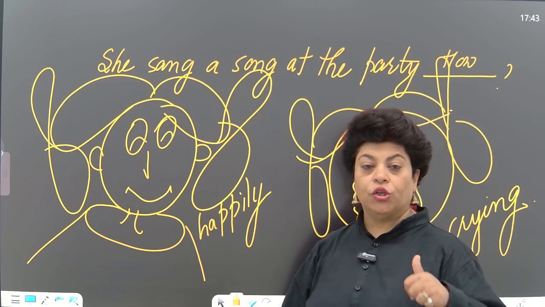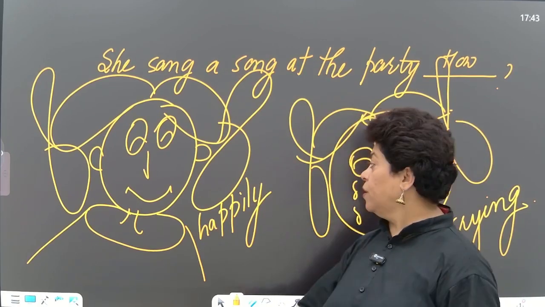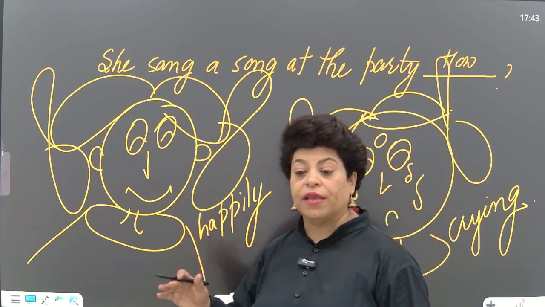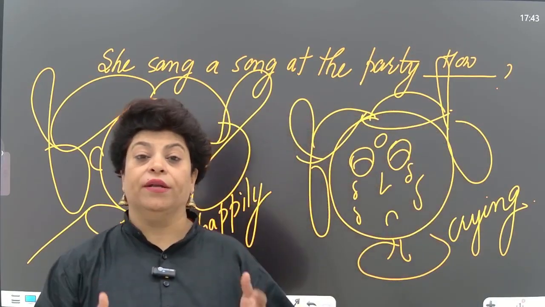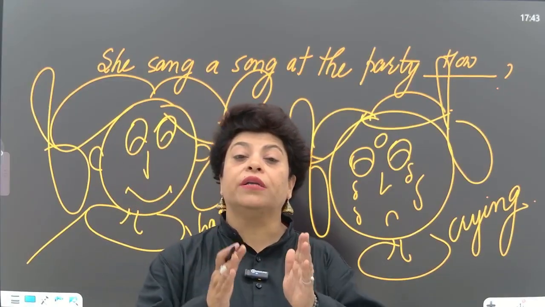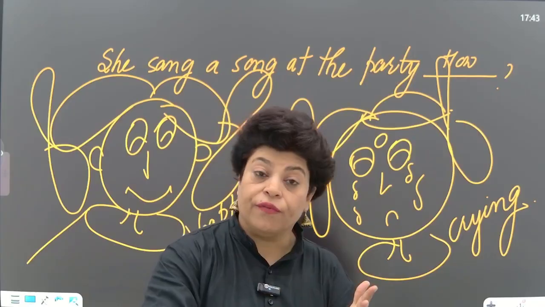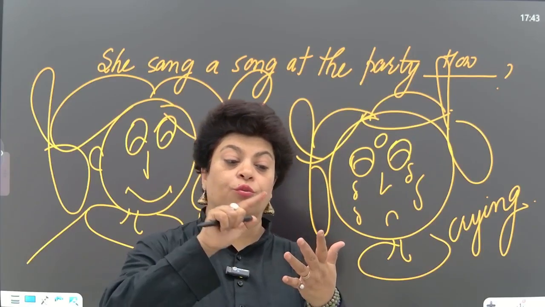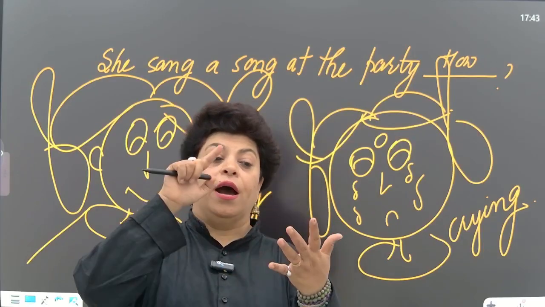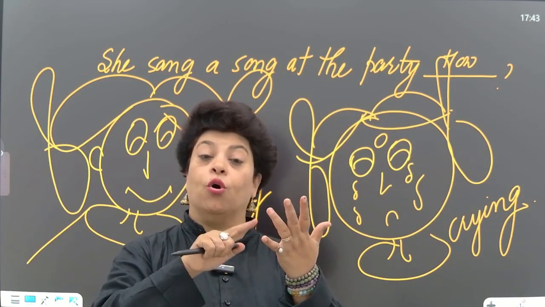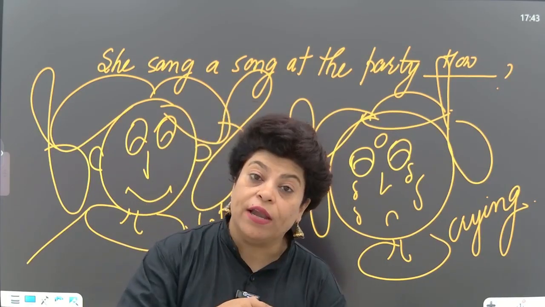Right? So this is what we call the mode of doing a particular action, that we say means manner. How a particular work is done. Are you crying while doing that work? Are you happy while doing that work? Are you excited while you do that work? Are you overjoyed, or are you melancholic while doing that work?